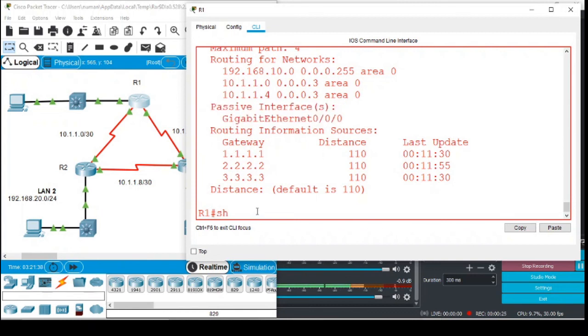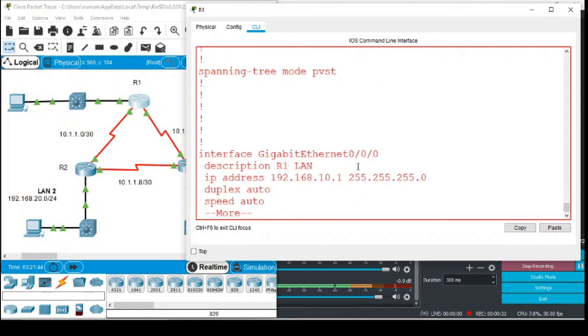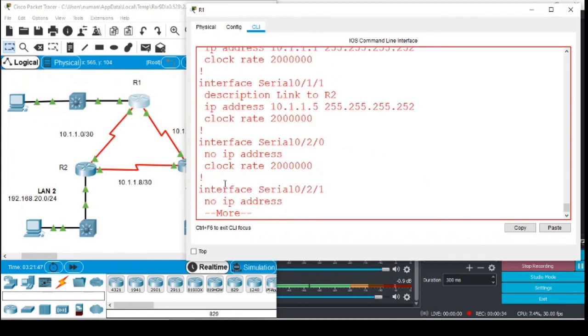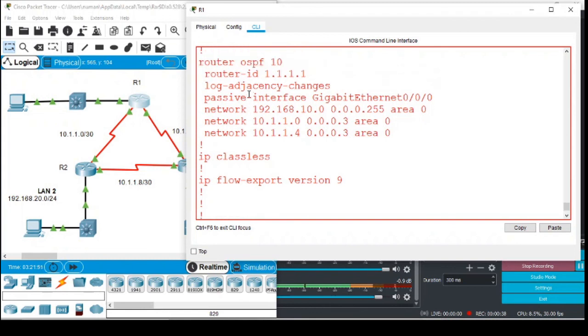Another way is the show run command, which shows all the running configuration, and you notice that under the OSPF process it shows passive-interface G0/0/0. So this interface will not send any OSPF routing updates to the local area network.